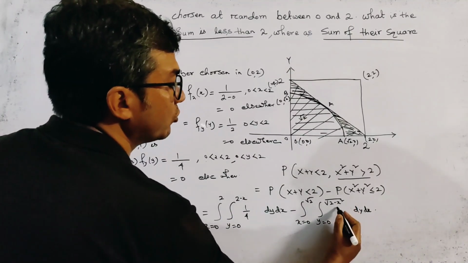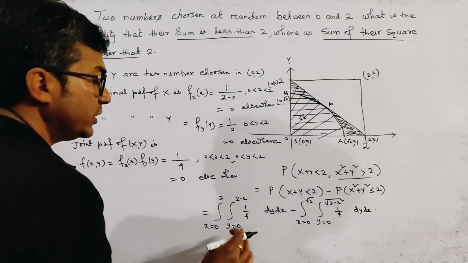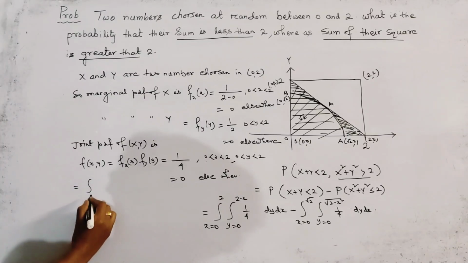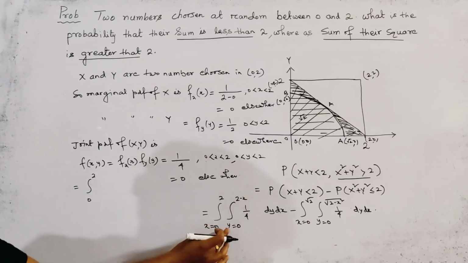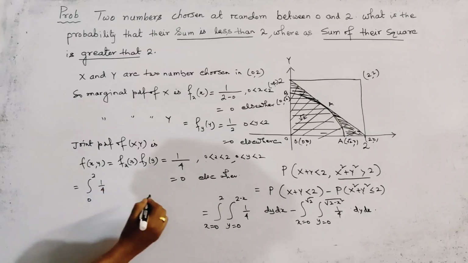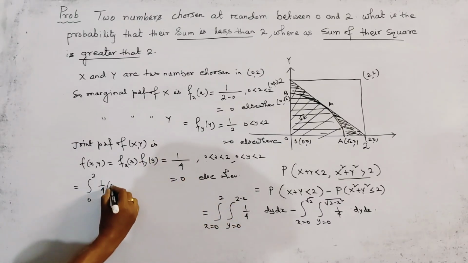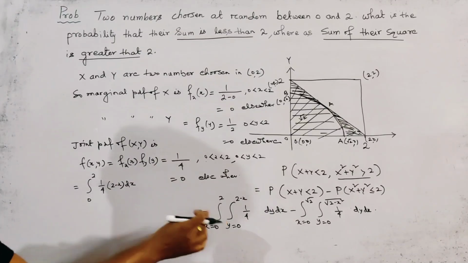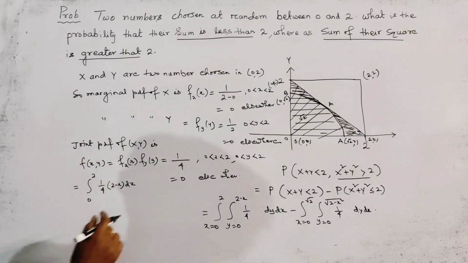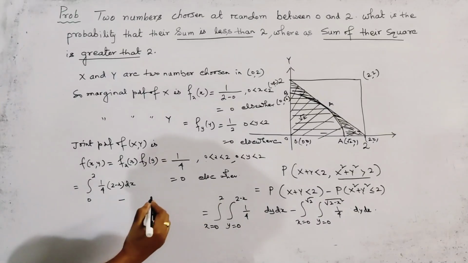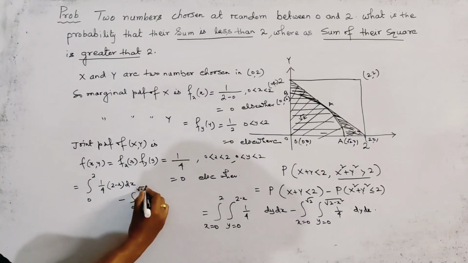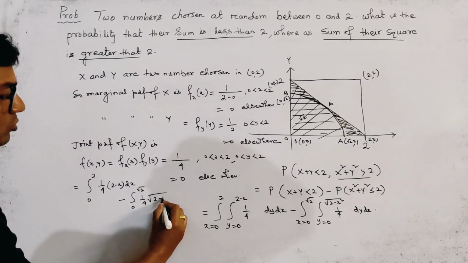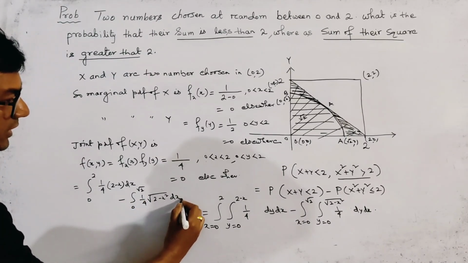Now integrating with respect to y first, we get the integral from 0 to 2 of 1 by 4 into (2 minus x) dx, and from the second integration, the integral from 0 to root 2 of 1 by 4 into root of (2 minus x squared) dx.